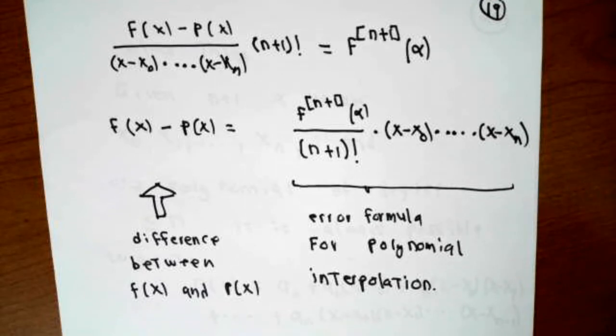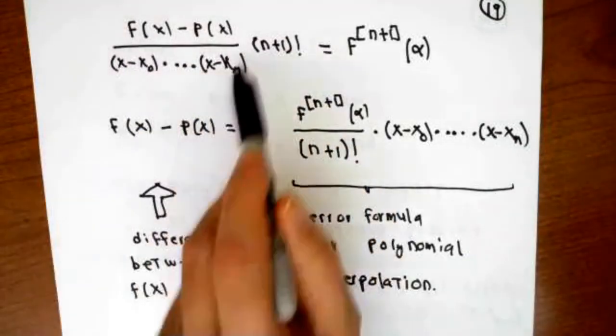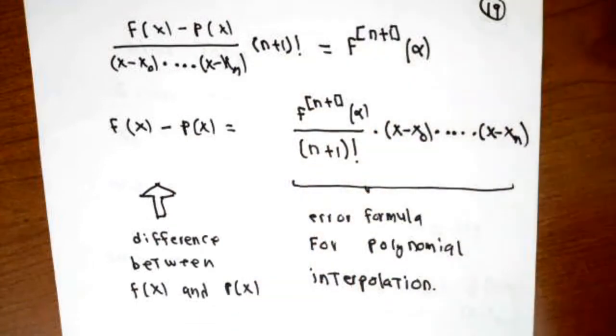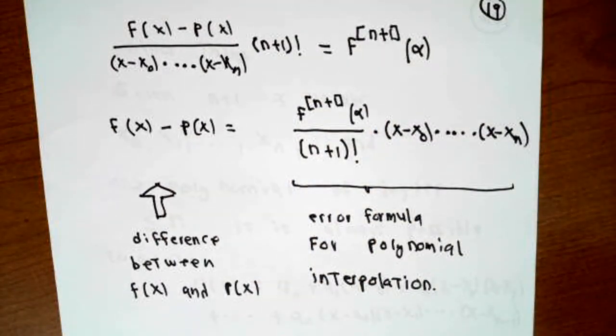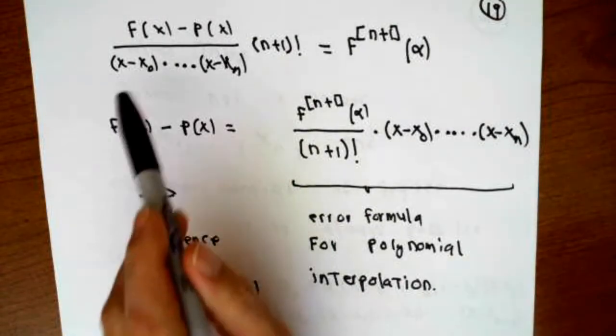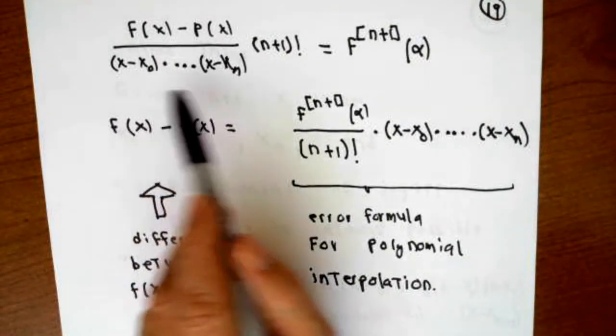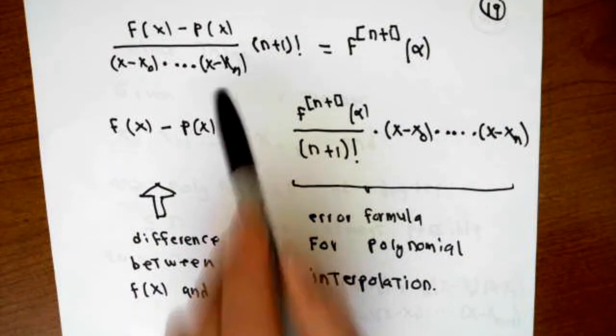From the preceding formula, which said that a certain difference was equal to 0, it follows that this quantity and this quantity must be the same. We're almost done. Multiply both sides by (x minus x0) through (x minus xn).